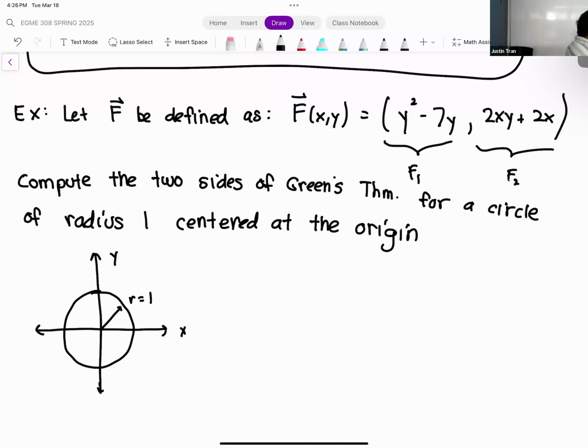So we want to compute both sides of Green's theorem in this case. So let's do it one by one. Let's start with the double integral side.